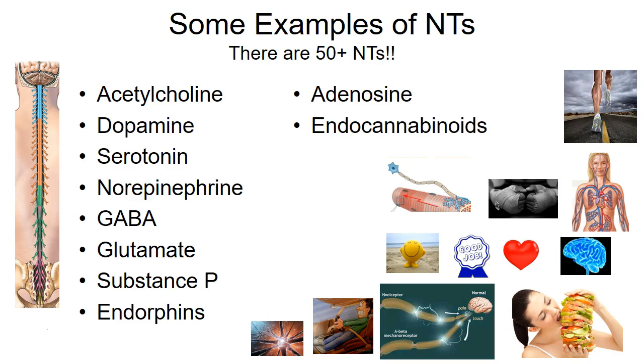So norepinephrine. We talked a little bit about epinephrine and norepinephrine. Norepinephrine is involved in a response that is sometimes referred to as the fight or flight response. So if you're out hiking, you see a bear, okay, right? Fight or flight. So what ends up happening in a fight or flight response? When you get startled, what happens to your heart rate?